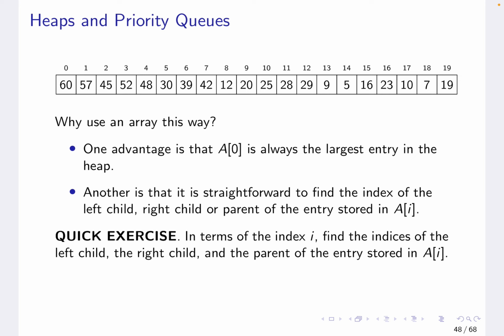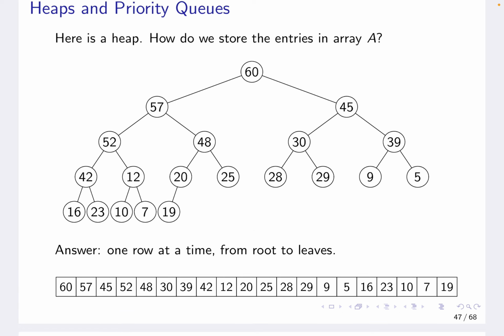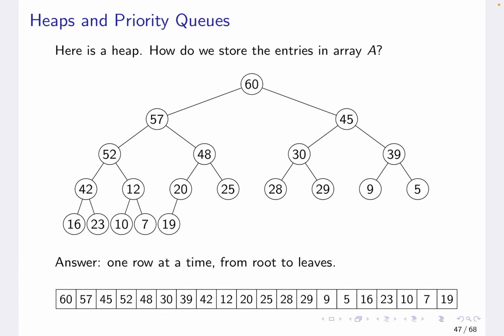So here's something to think about. Given an index of a data item, where might its left child, right child, and parent be? So in this example, we have the root at index 0, and then its children happen to be at indices 1 and 2. And then its children are in 3, 4, 5, 6, and so on.